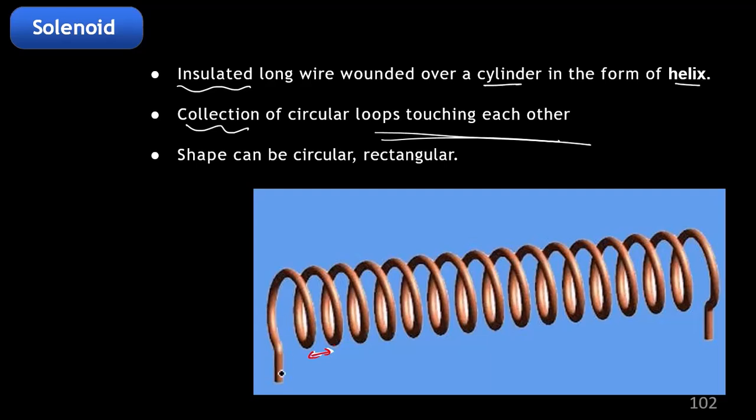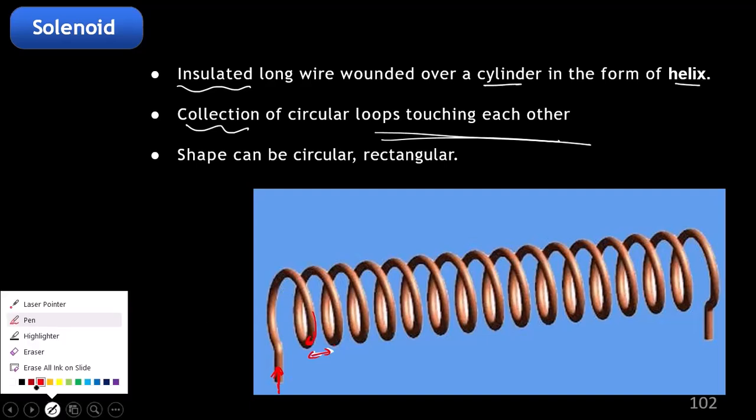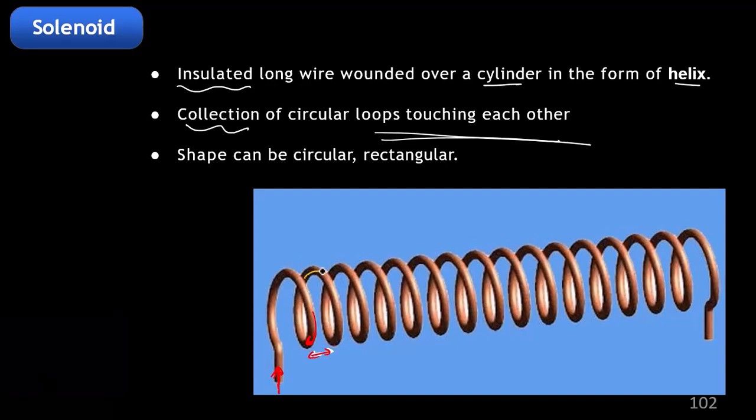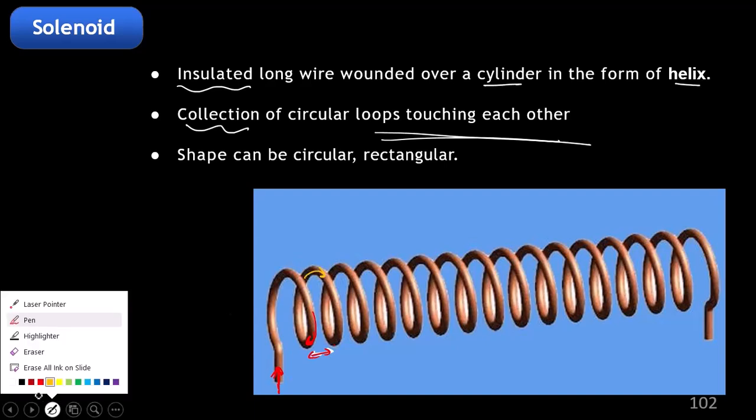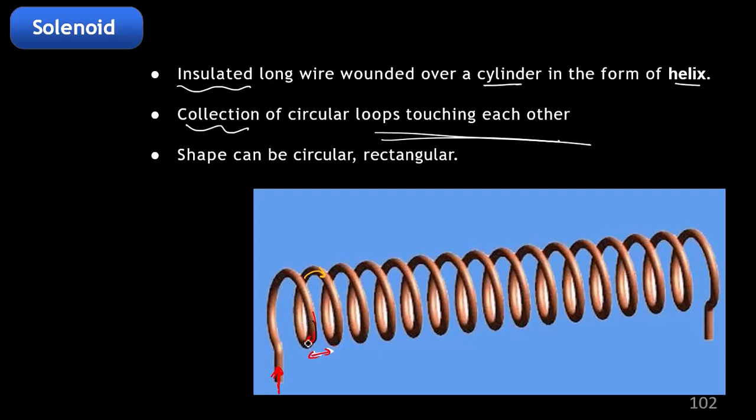If I allow the current to flow in this direction, let us say I am allowing the current to pass through, then through this loop the current is going in this direction, and through this loop the current is going in this direction. From the uppermost point, current is moving in this direction. So at this point the direction of current is into the plane of paper, and here it is coming out of the plane of paper.